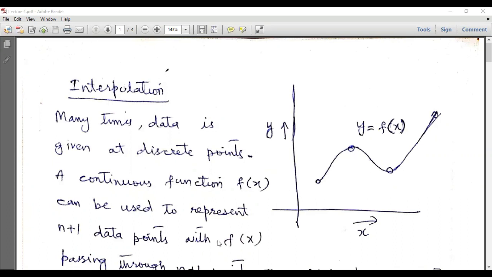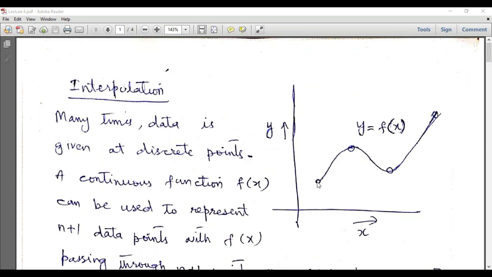But if we make a continuous function f of x, and if we plot this function passing through all of these data points, then we can estimate the value of this function at any intermediate point. So estimating the data value at any intermediate point is called interpolation.